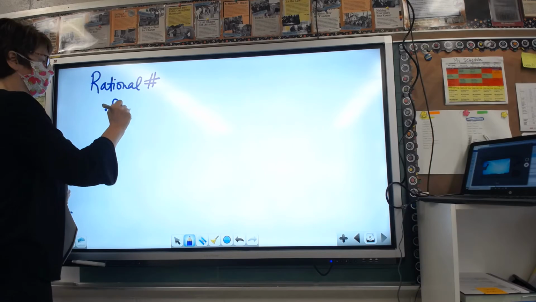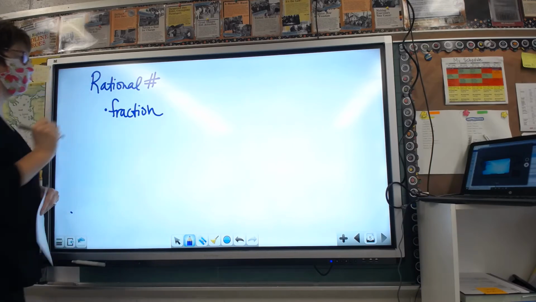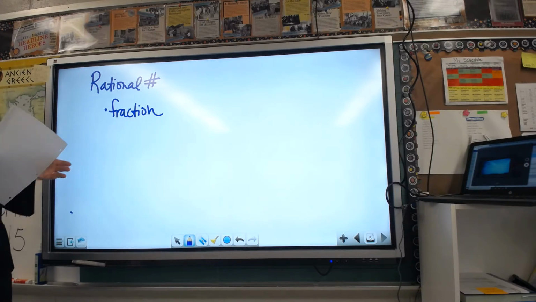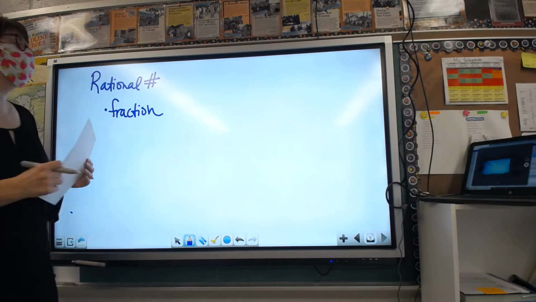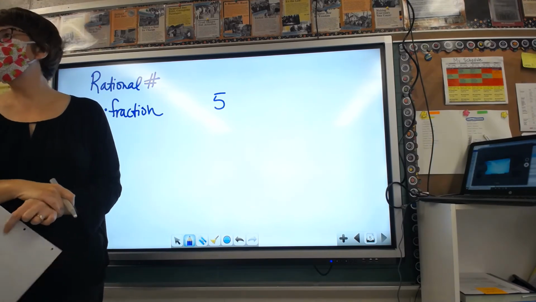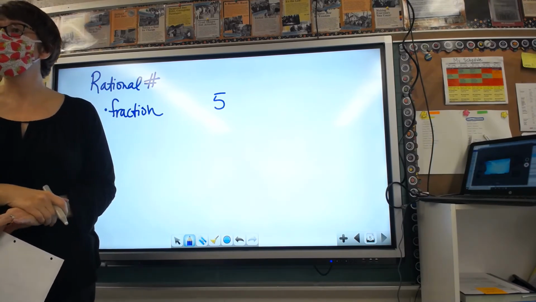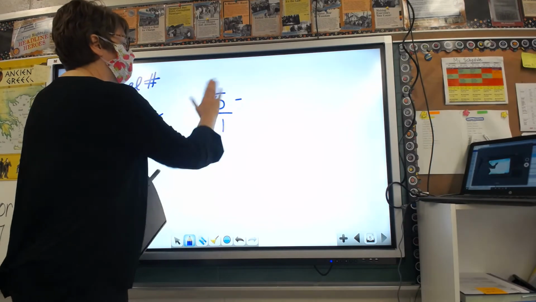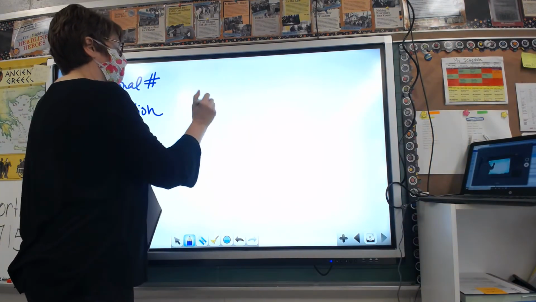If you can write it as a fraction, it's rational. If I put the number 5 up here, is that a rational number? Well, it's not a fraction now. Could I make it one? What do I put under it? 1.